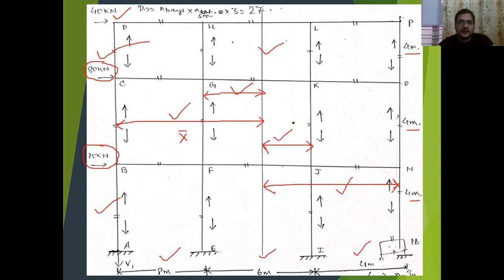Why are we finding this out? Because if you have gone to my lecture classes previously, one of the assumptions in the cantilever method is that the stress acting at each and every individual column is directly proportional to the distance of that column with respect to the CG.